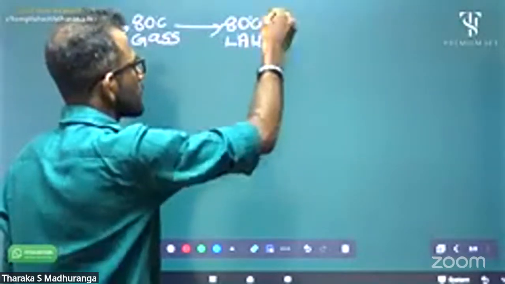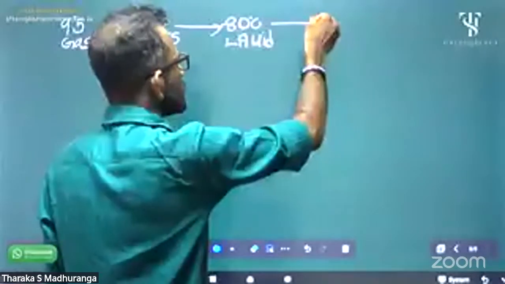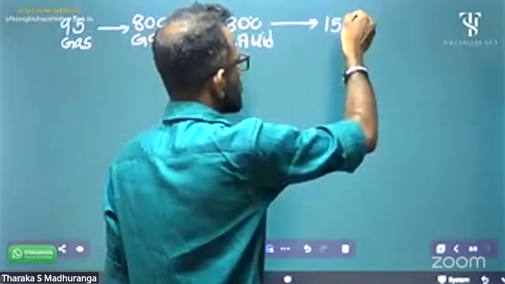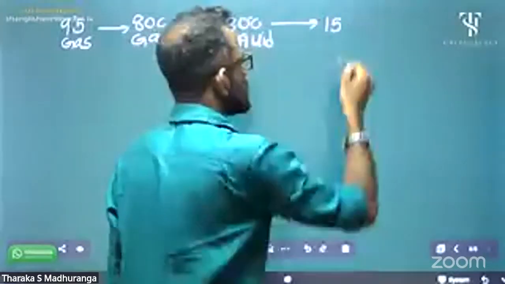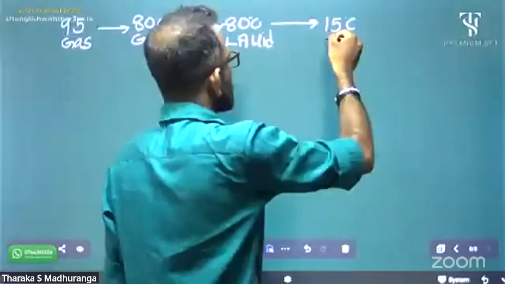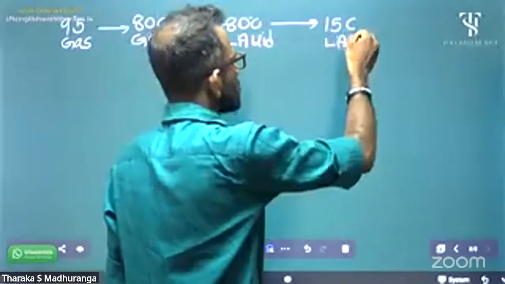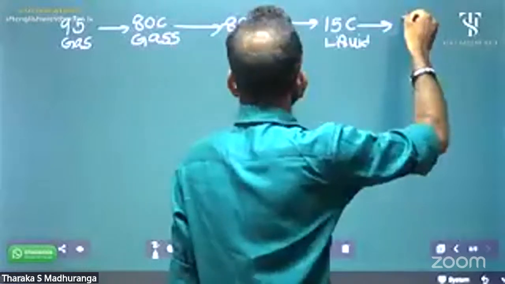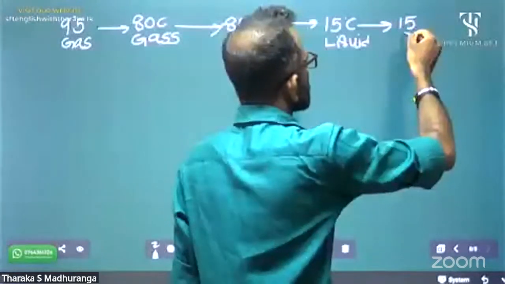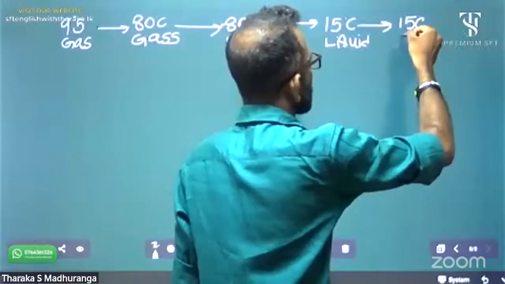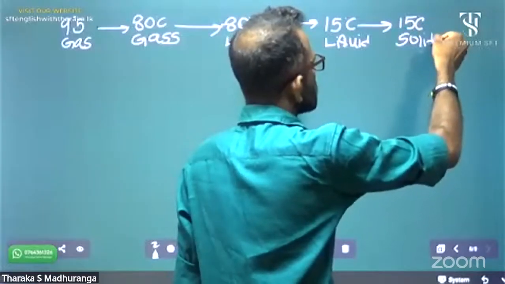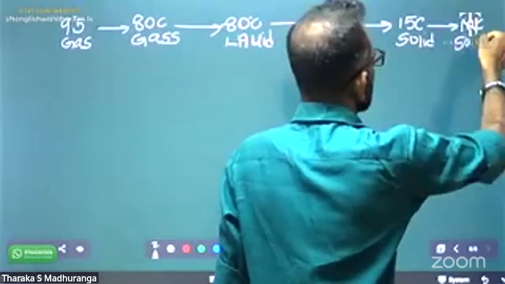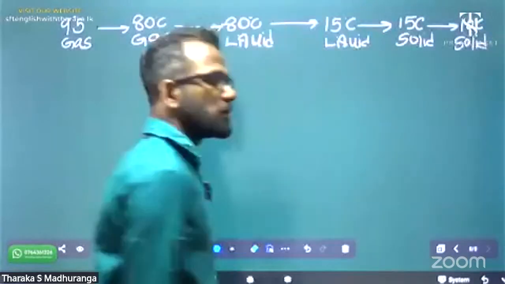Then 80 Celsius liquid converts into 15 Celsius liquid. 15 Celsius liquid converts into 15 Celsius solid. 15 Celsius solid converts into 10 Celsius solid.